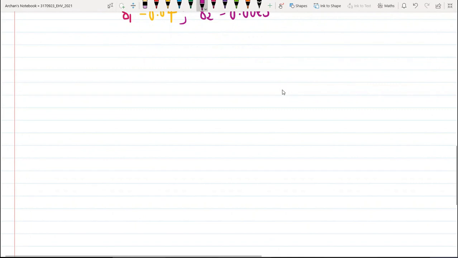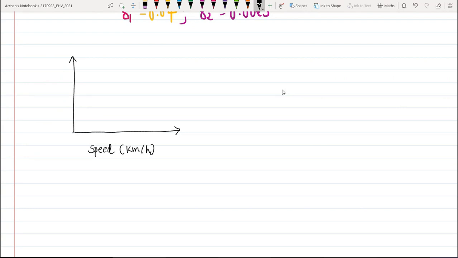Okay, so now we will try to plot the speed versus acceleration. So on the horizontal axis we will be taking speed of the vehicle in kilometer per hour, and on the vertical axis we will consider acceleration, which is meter per second square, right?